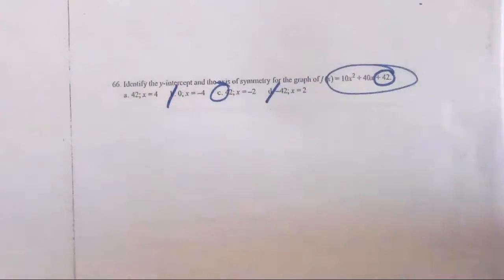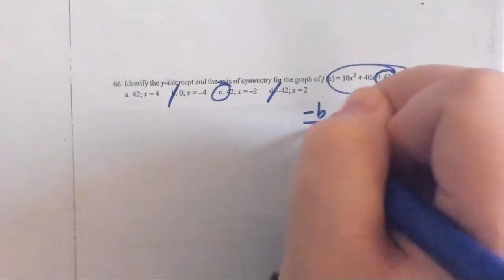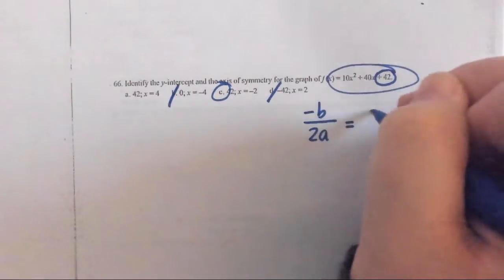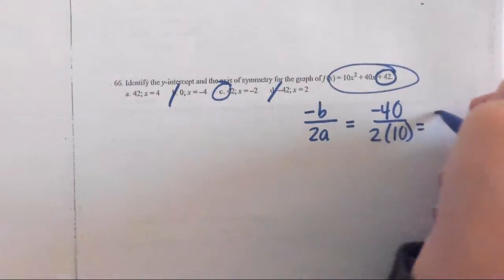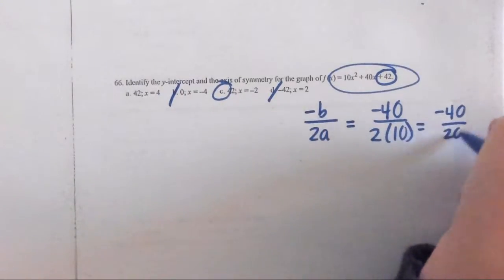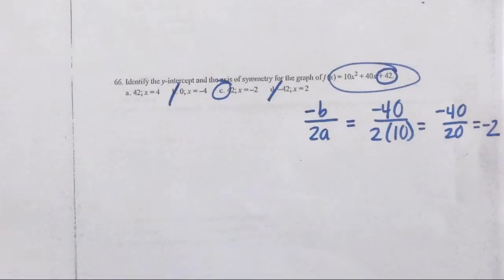So it was not going to be B or D. The fact that he knew that axis of symmetry really fast is impressive. You can put it in your calculator and figure it out, or you can remember that axis of symmetry is negative B over 2A, so negative 40 over 2 times 10, negative 40 over 20, ends up being negative 2, which is why the answer is C.